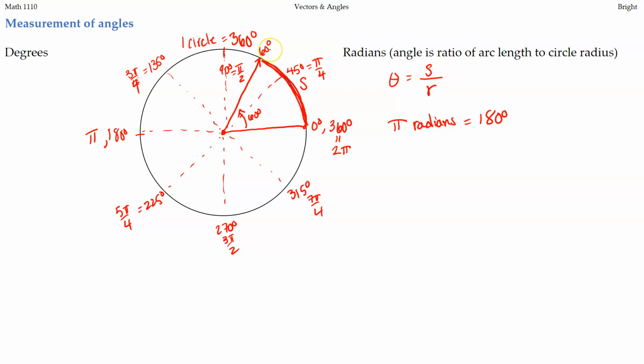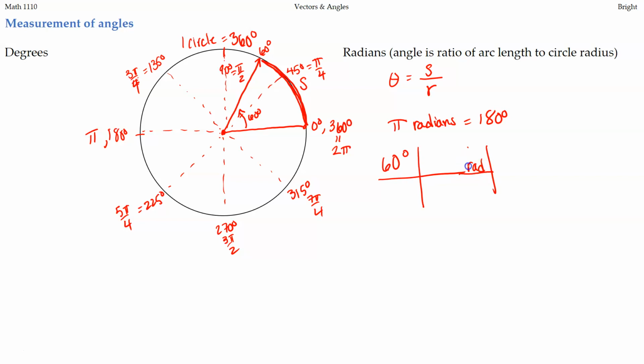Now, something like 60 degrees, you can convert actually using dimensional analysis. So 60 degrees, for example, we can convert to radians. We typically don't write radians. They're just unitless technically.